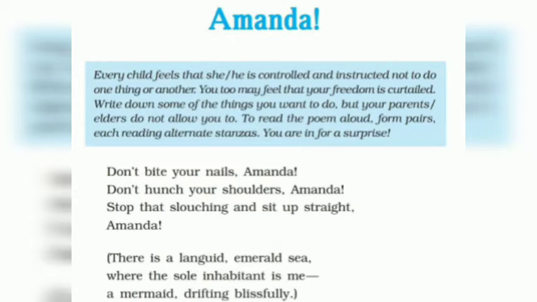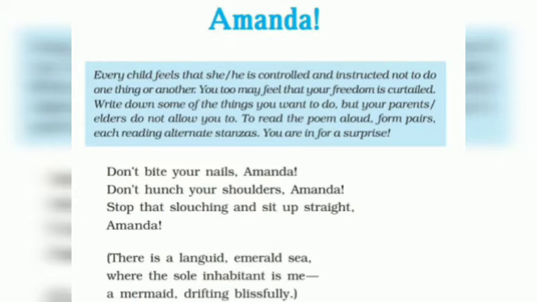And here, sea is being called emerald, which is a green colored precious stone. So it is metaphor since these are two things, sea and emerald, and here they are being treated as if they are the same. So it is metaphor.